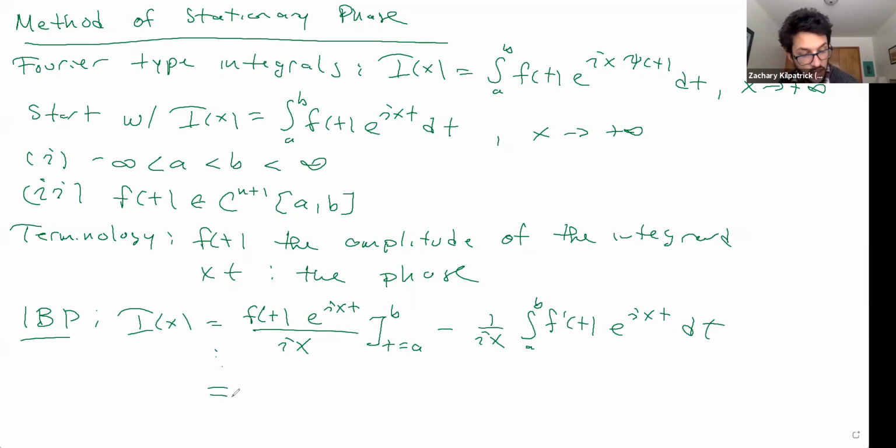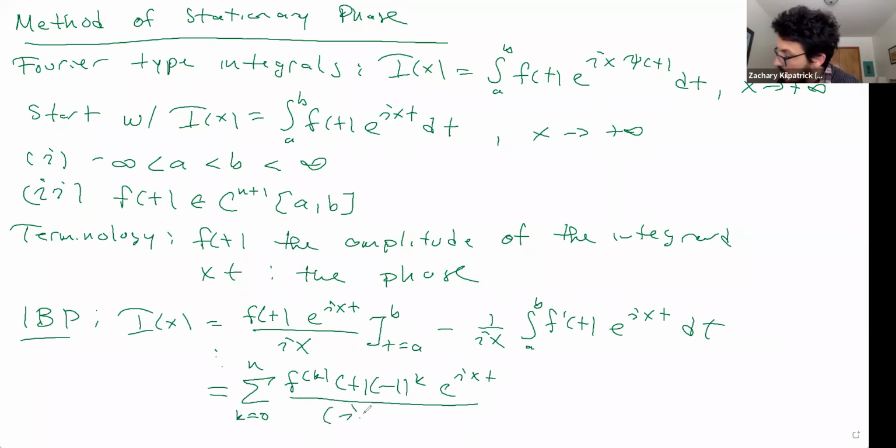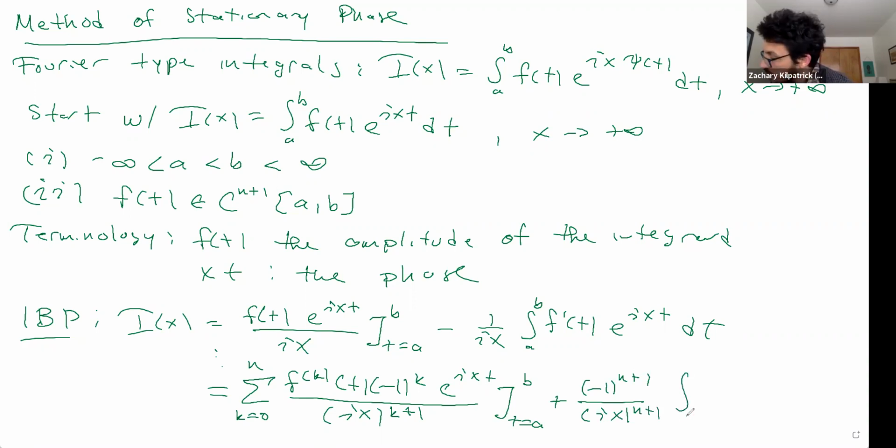We can do this many times and we'll arrive at a sum of these endpoint contributions, k equals 0 up to n, of f^(k)(t) times minus 1 to the k, e to the i x t, divided by i x to the k plus 1, evaluated between a and b, plus minus 1 to the n plus 1 divided by i x to the n plus 1, times the integral from a to b of the n plus 1th derivative of f, e to the i x t dt.